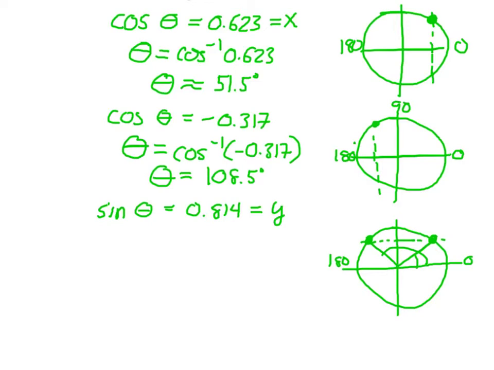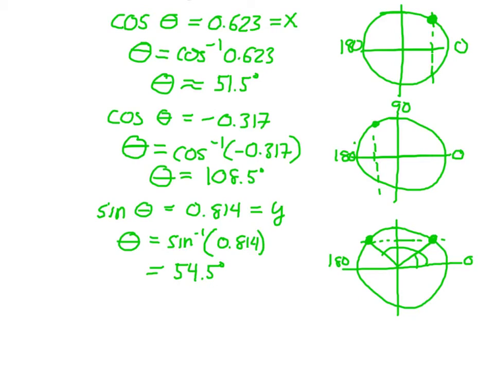Now, if I solve this problem in the same way that I did before, where I isolate theta and I use the inverse sine, and then I plug this into my calculator, it gives me 54.5 degrees.